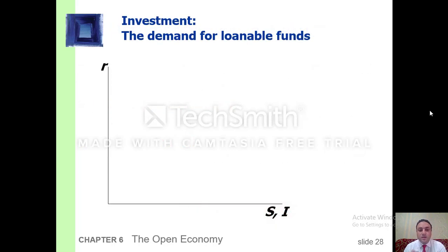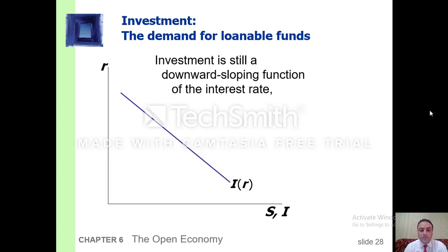So the investment, which is the demand for loanable funds, comes from the companies, the firms that demand loans. So it is the demand curve, as we can see here. The investment is still a downward sloping function of the interest rate. When the interest rate on the vertical axis decreases, the investment increases, because the interest rate is the price or the cost of the investment.